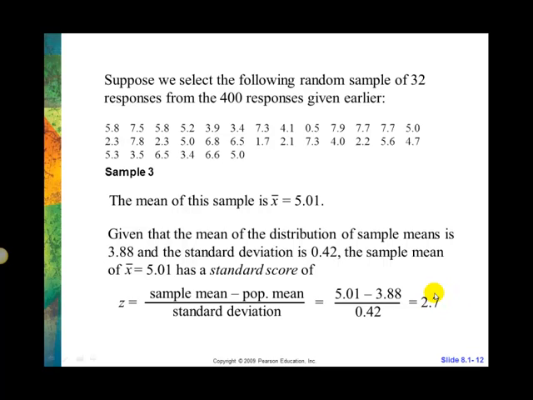Now 2.7, we can see that's already bigger than 2, so it's an unusual occurrence. We're at almost 3, so that's a very unusual occurrence.